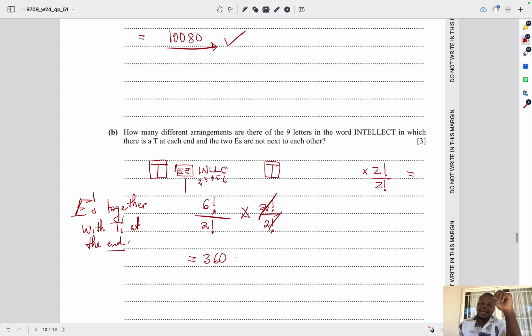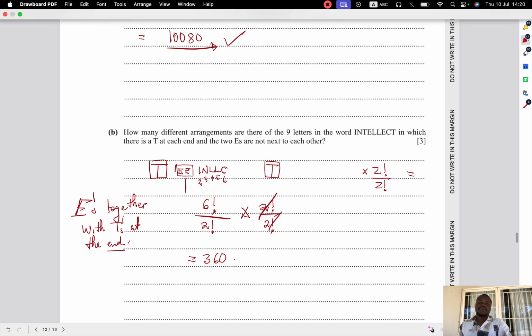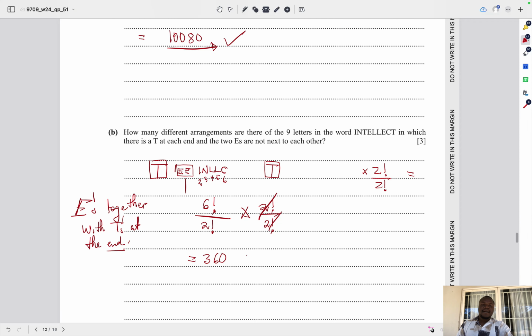So what we need to do now is very simple. Now we've found the ways in which the E's are together and the T's are at both ends.